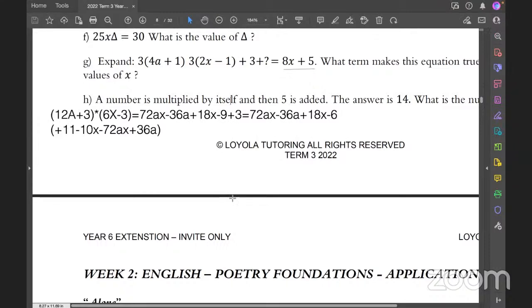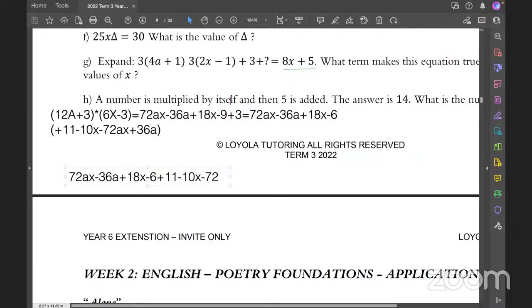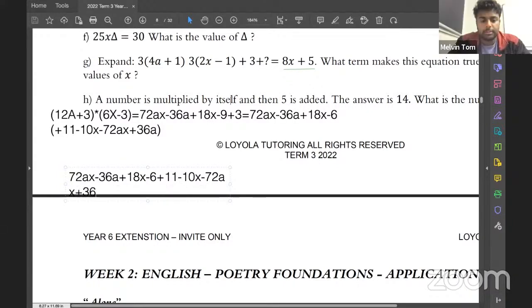Okay, I want you to do this out for me. I want you to simplify this: 72ax minus 36a plus 18x minus 6 plus 11 minus 10x minus 72ax plus 36a. Simplify this for me and tell me what the answer is.